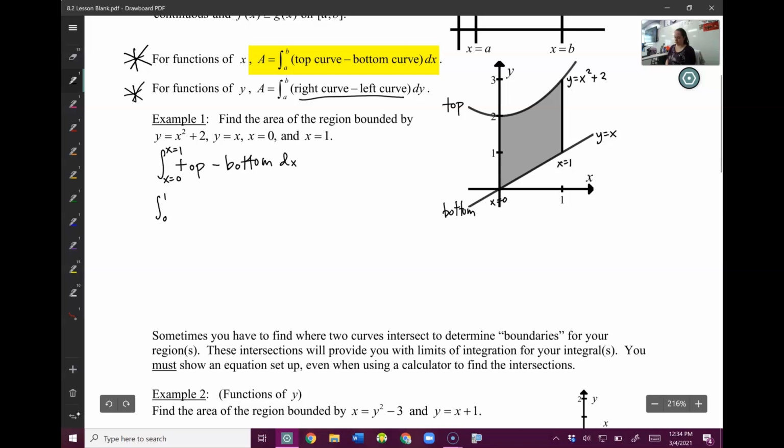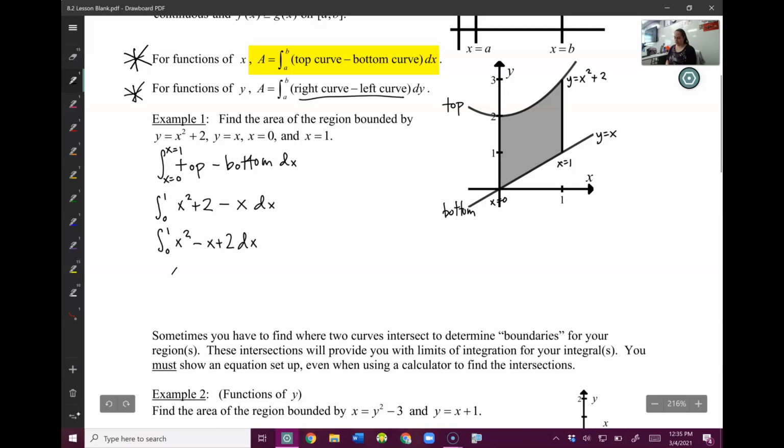So let's plug this in. The top one is x squared plus 2 minus the bottom one, which is x. So I'm going to rewrite this, x squared minus x plus 2. And now, this is a problem like we've been doing before.